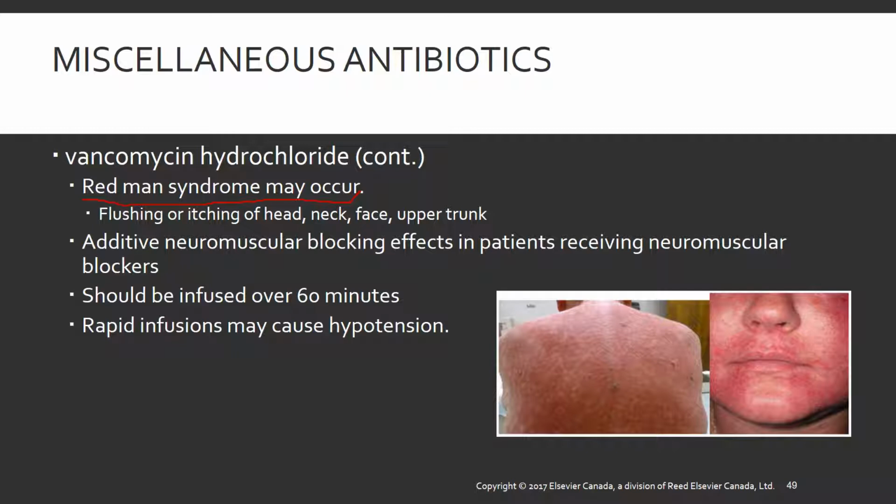Essentially, it blocks neuromusculature, and it can have negative effects as well on neuromuscular blockers. We should always infuse vancomycin over 60 minutes, and that prevents this rapid change in blood pressure, which may cause hypotensive effects, but can also cause this flushing of the skin that you see, this red man syndrome.